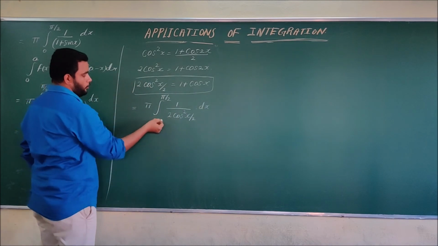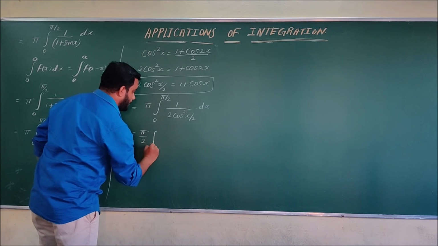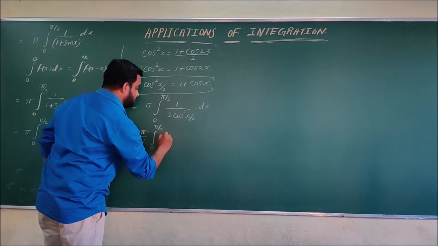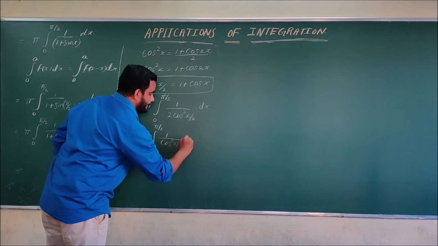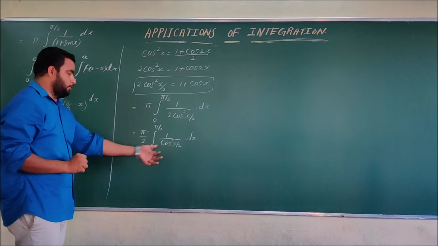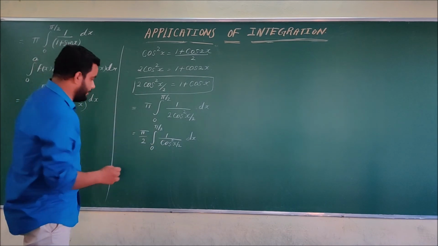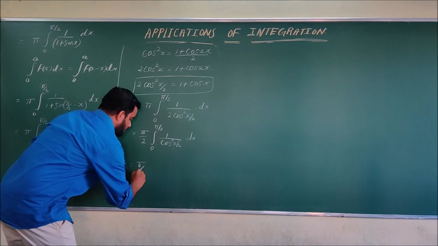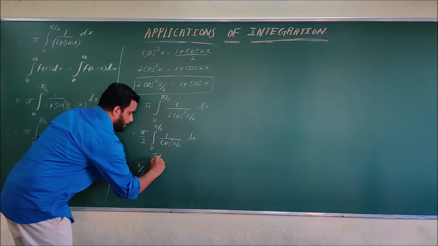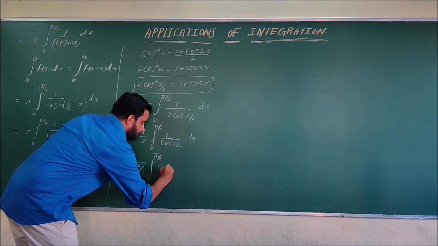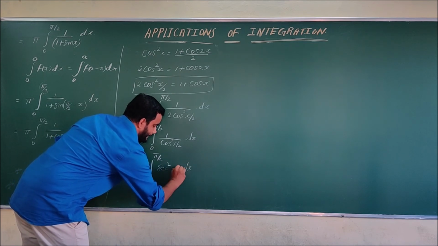Now we can take this 2 out of the integral. So pi by 2 into the integral of 0 to pi by 2, 1 by cos square x by 2, into dx. The value of 1 by cos square x by 2 is secant square x by 2. So pi by 2 times the integral of 0 to pi by 2, secant square x by 2 into dx.